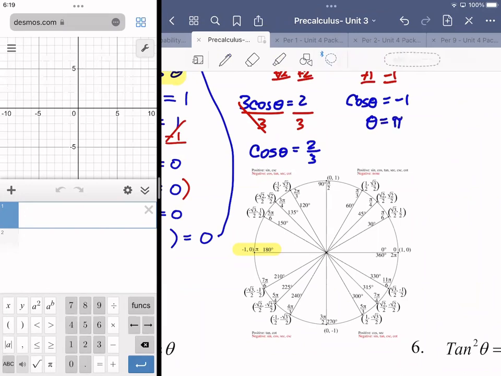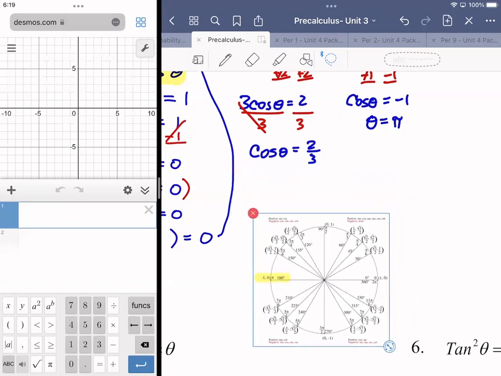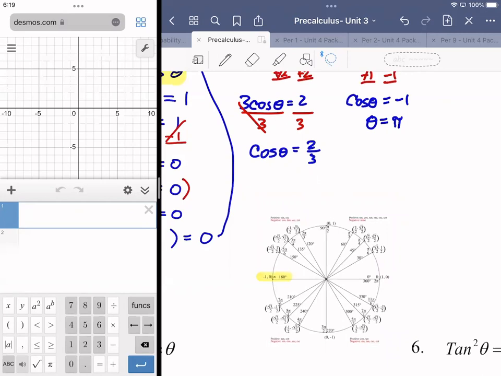But I also have to address the other piece. Using the same reasoning, I would have to ask what angle on the unit circle has an x value of 2/3. There isn't one, so I have to use a calculator approach here. What I would do is take the arc cosine of both sides of this equation.